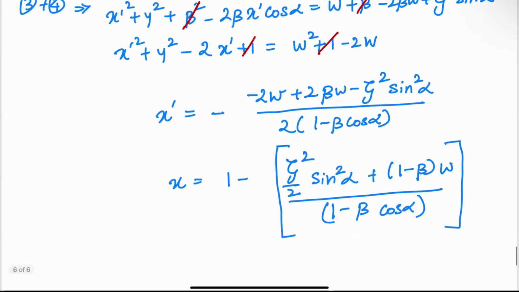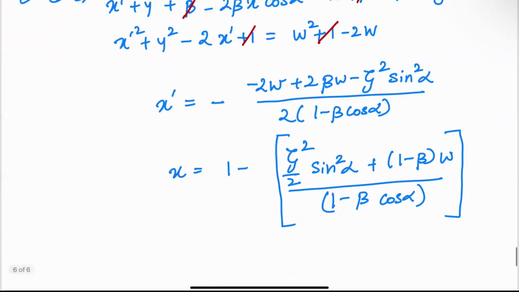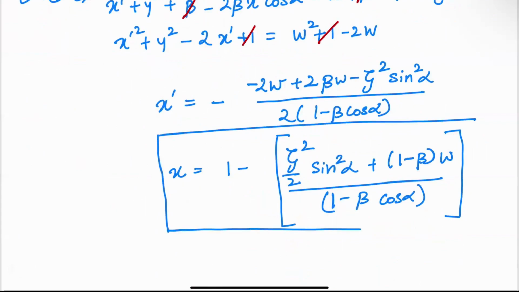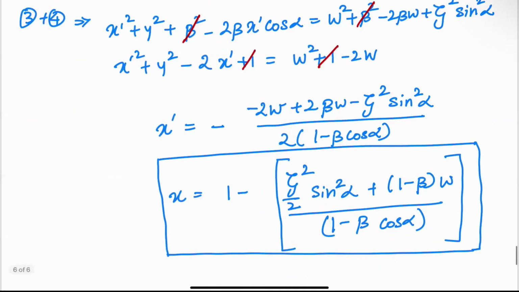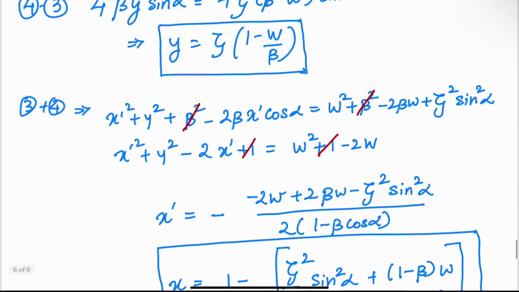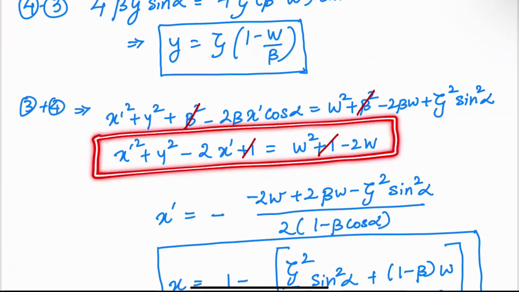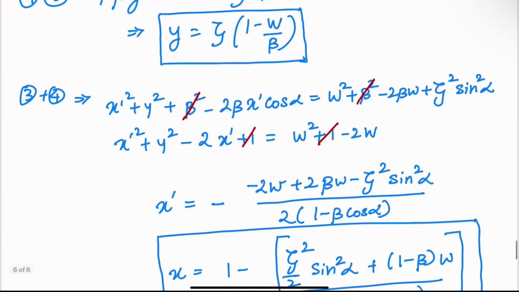And that's the second equation. So we have one equation for y and one equation for x. Right, so what I can do is substitute both of these equations into this one, as this looks the simplest. And that should give me an equation for w, right?